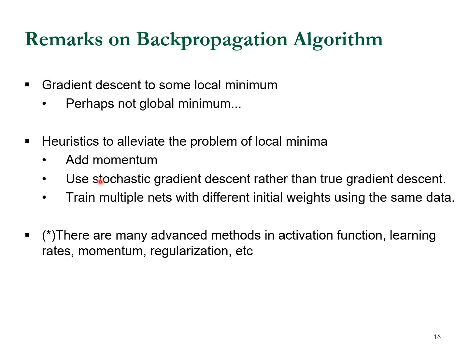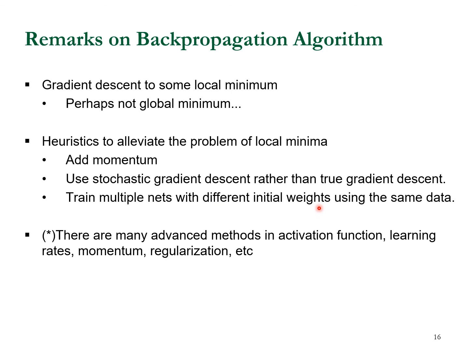Or instead of stochastic backpropagation, maybe you can use batch gradient descent. Or you can train the network with different initial weights using the same data. As I said in the previous slide, it depends on where you start. You may end up in a local minimum or in the lowest global minimum. So you run the same network with different initial weights.